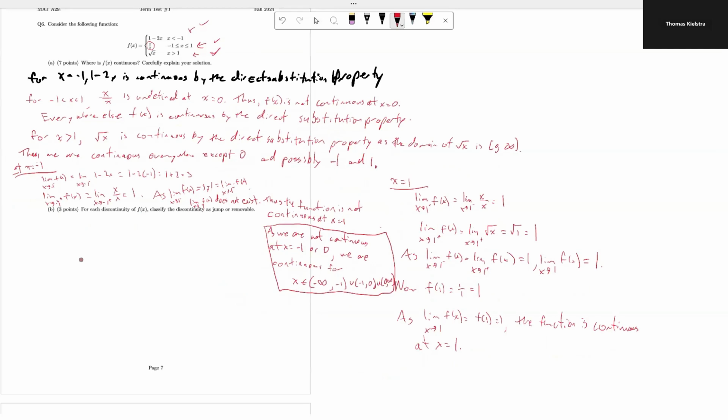Now, for each discontinuity, we need to classify it as a jump or removable.